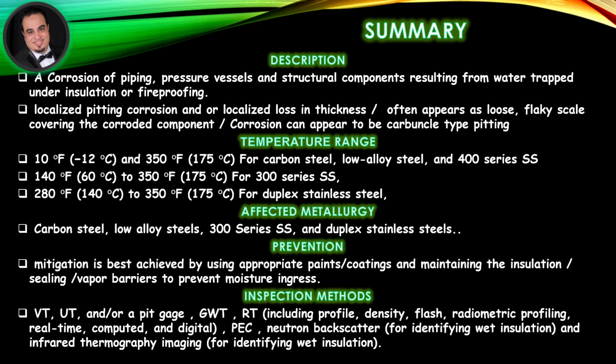Prevention. Mitigation is best achieved by using appropriate paints, coatings and maintaining the insulation sealing. Vapor barriers to prevent moisture ingress. Inspection methods: VT, UT, and/or a pit gauge. GWT.